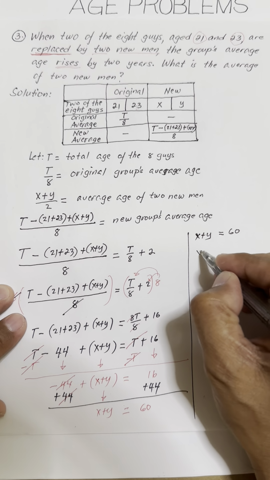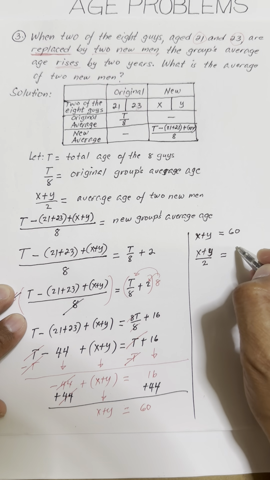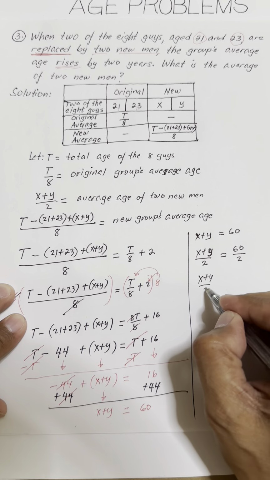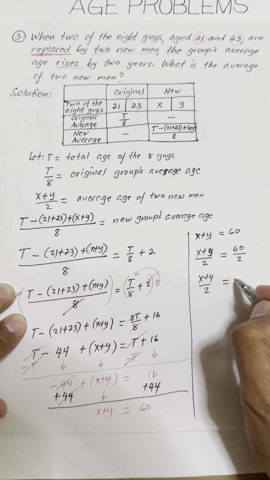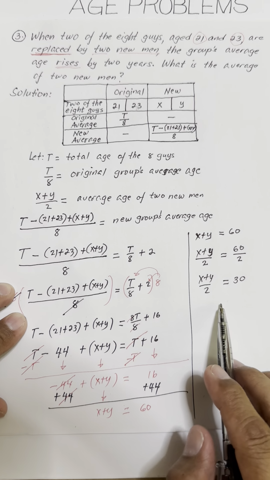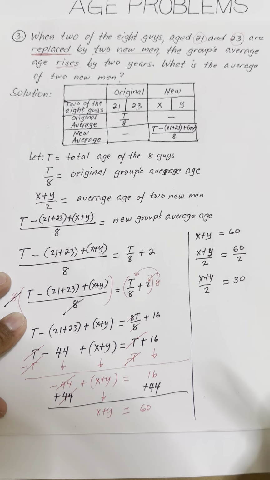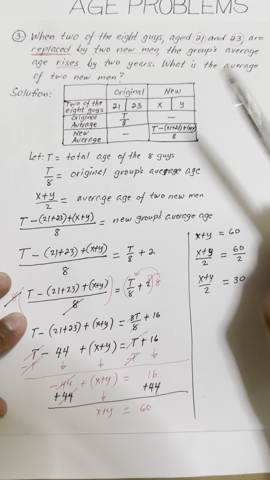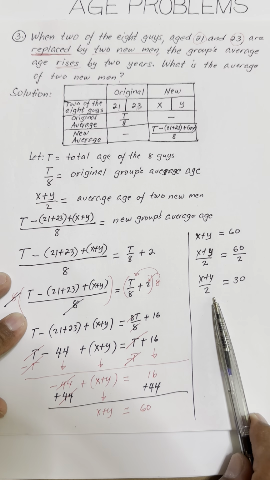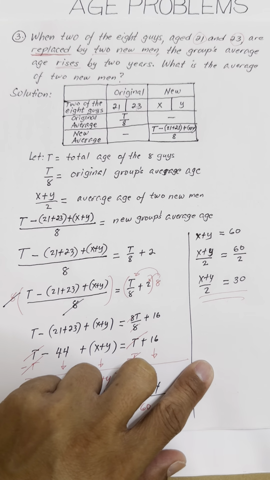When you divide both sides by 2, we have x plus y over 2 equal to 60 divided by 2, equal to 30. So this is what we are looking for. The problem asks, what is the average of the two new men? The two new men's ages, x and y, divided by 2, give the average of their ages.